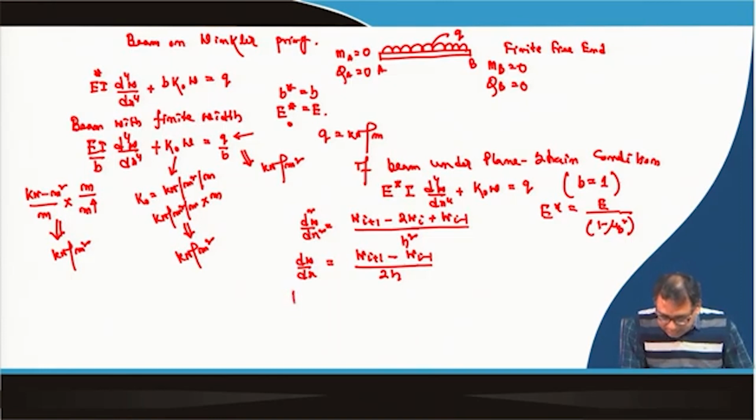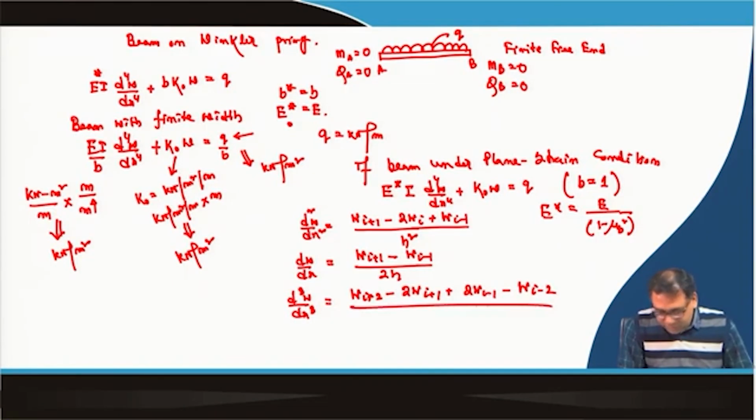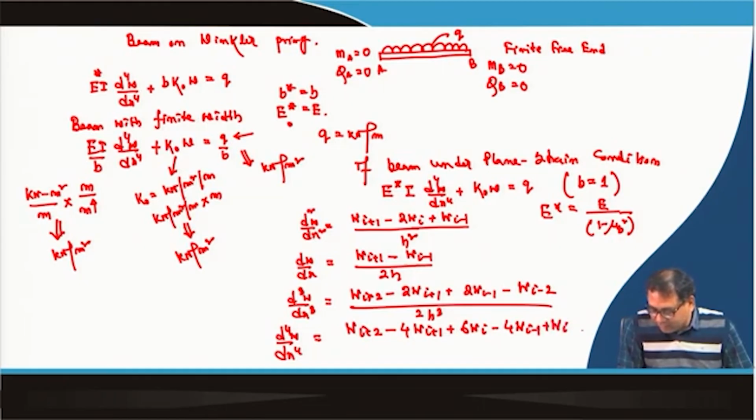Similarly, I can write d3w/dx3 is equal to wi plus 2 minus 2 wi plus 1 plus 2 wi minus 1 minus wi minus 2 divided by 2h cube, and d4w/dx4 I can write in the central difference scheme as wi plus 2 minus 4 wi plus 1 plus 6 wi minus 4 wi minus 1 plus wi minus 2, divided by h to the power 4.